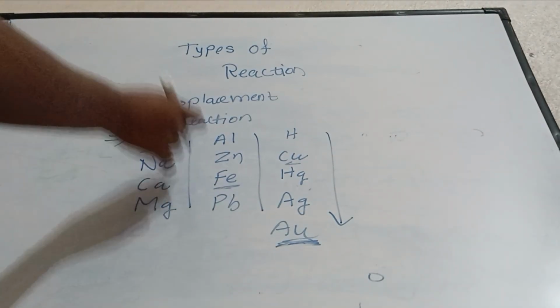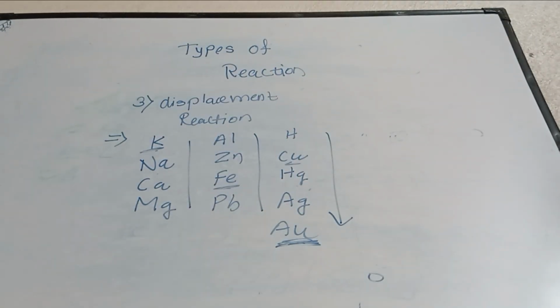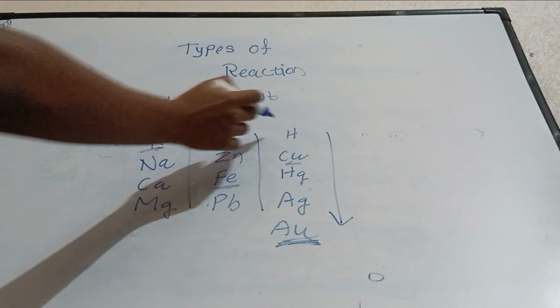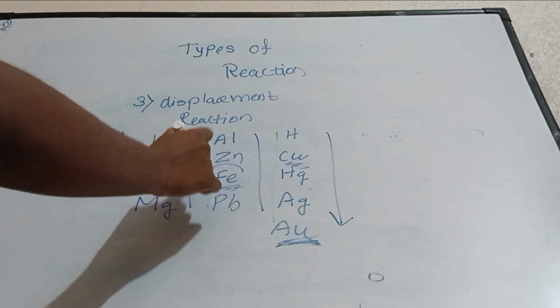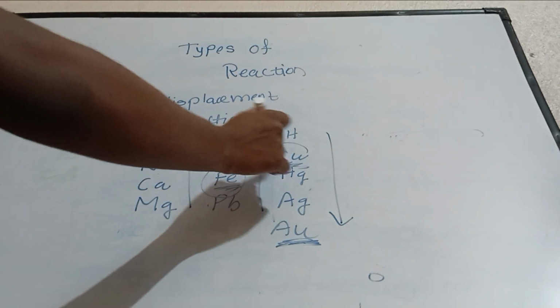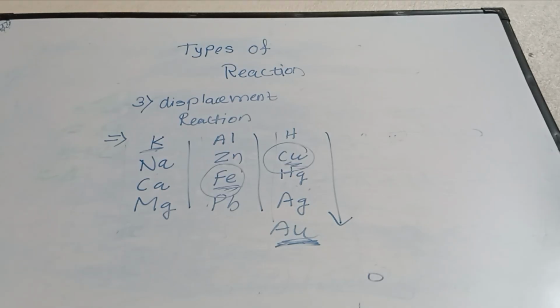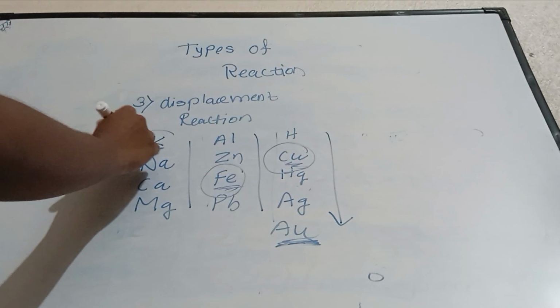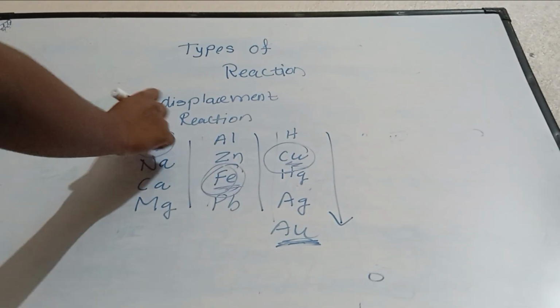So Fe is more powerful than Cu because Fe is more reactive. As you can see, as the table goes down, the reactivity decreases. Cu is here, Fe is here. So Fe is more powerful, Cu is less powerful. And if there were a displacement reaction of iron and potassium, potassium would displace iron because potassium is at the top.